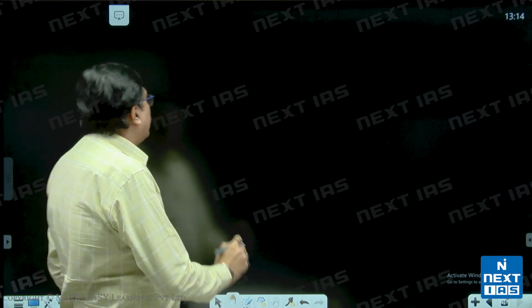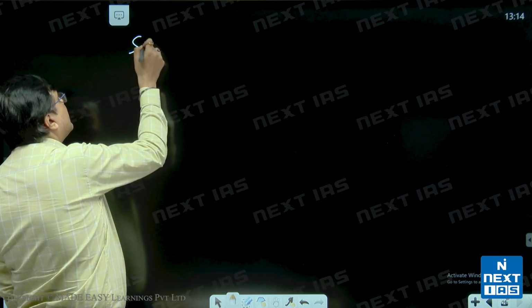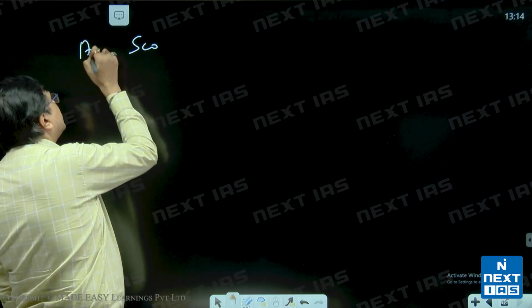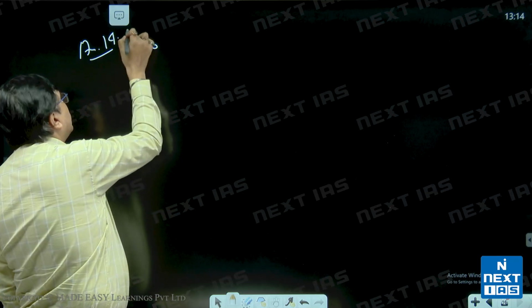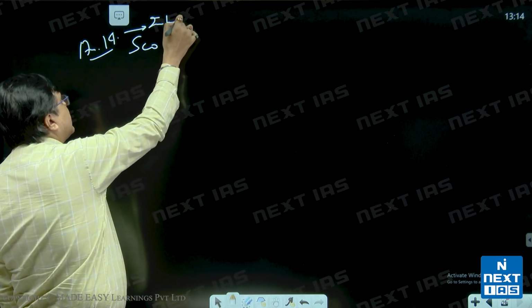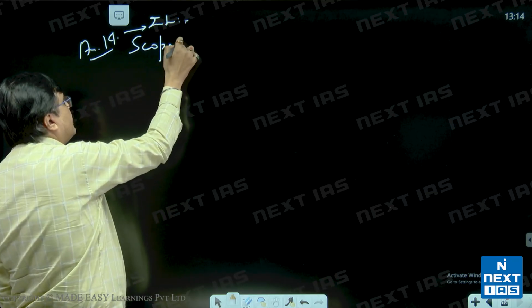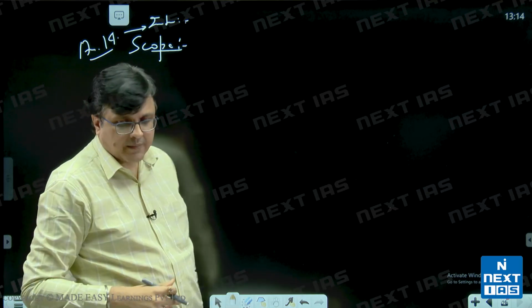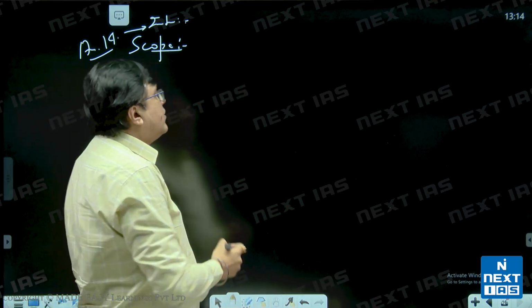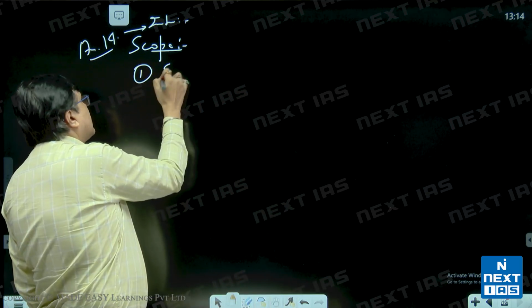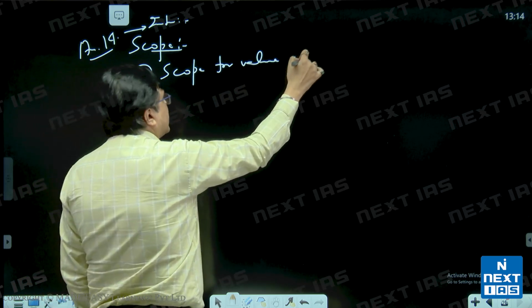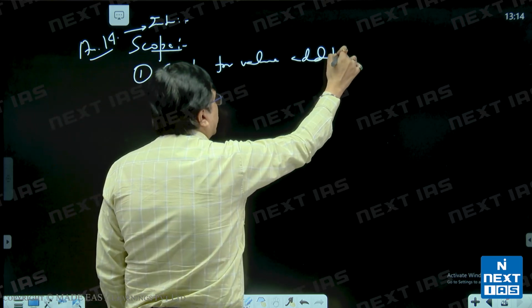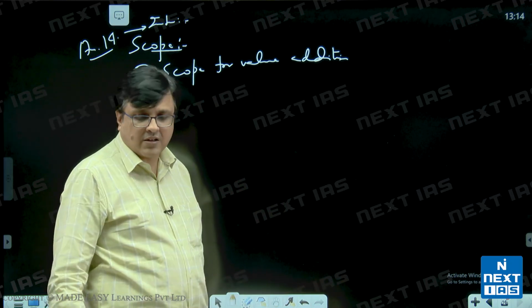and so on. So first of all, when we talk of scope, this is answer 14. So first you will write the introduction that I suggested, and then the scope part of food processing. So in scope, one is scope for value addition. If you have done the Economic Survey, I was discussing it with you there.